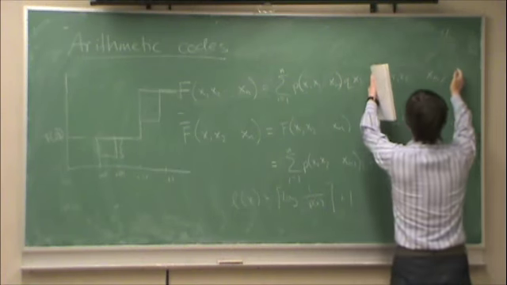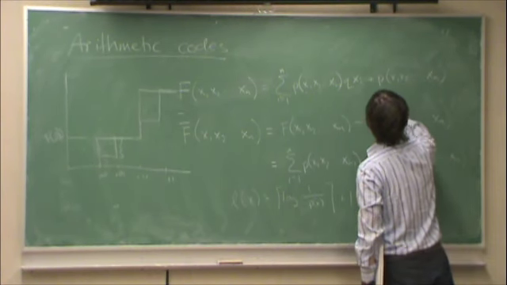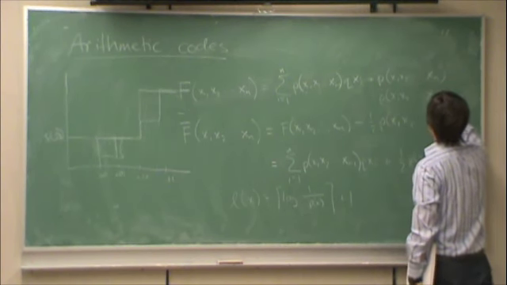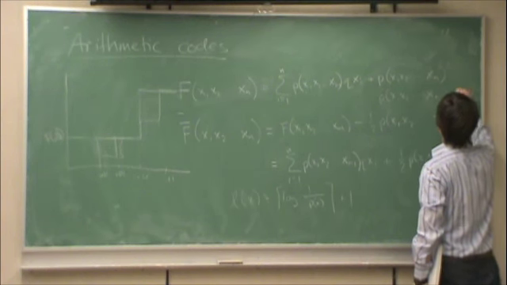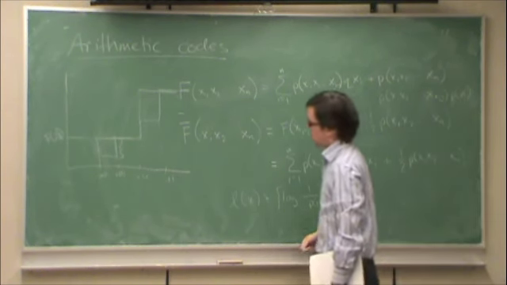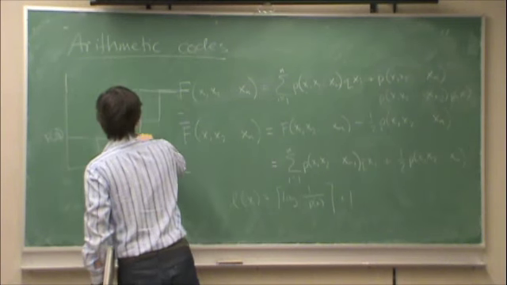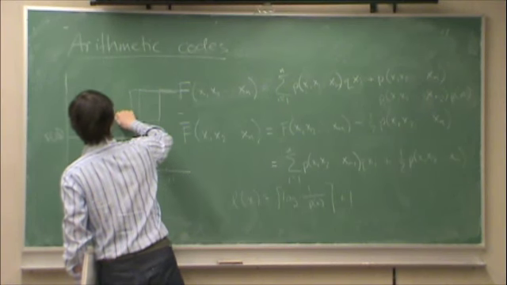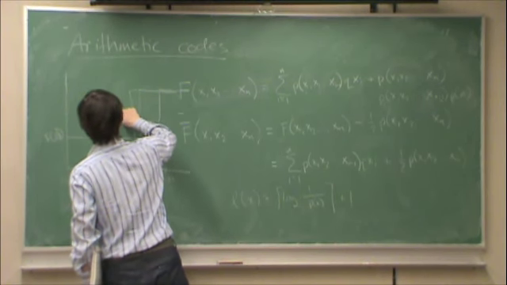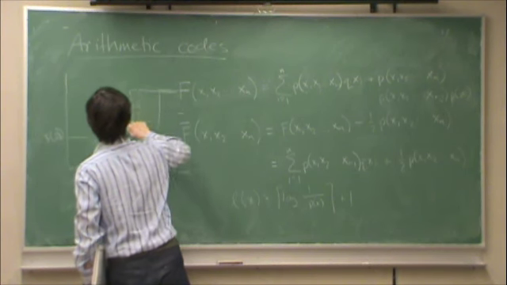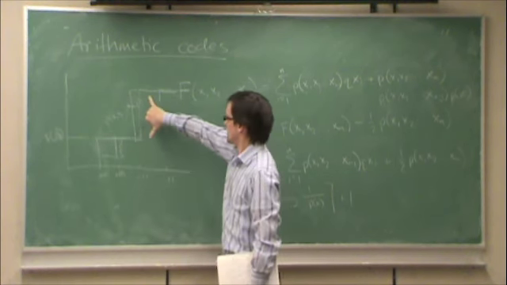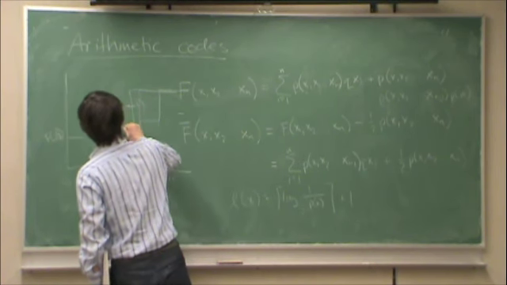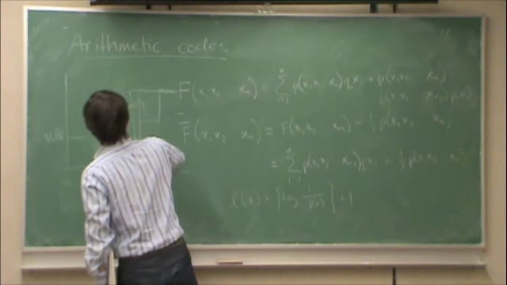This term, you can interpret as probability of x1, x2, and so on up to n minus 1 times the probability of n. So this length here can be interpreted as probability x1, x2, and so on up to x(n minus 1). In this case, n is just 1. So the length of this is just the probability that x equals 1.